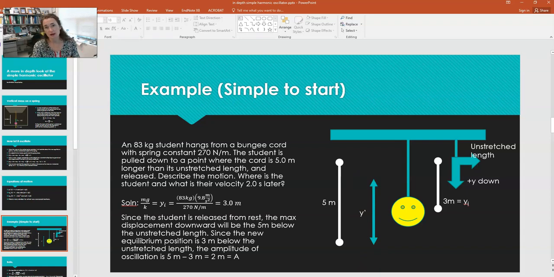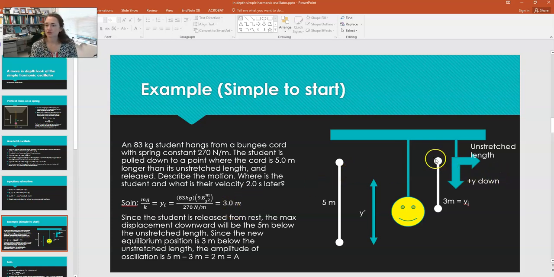So that's how it's going to bob back and forth, right? Now, if we're describing the motion, it would be really good to solve for what the new equilibrium point is for this motion. So step number 1, our yi, which is our new equilibrium point, is equal to mg over k. So that would be 83 kilograms the mass times 9.8 meters per second squared, the acceleration due to gravity, divided by 270 newtons per meter. And when you solve that, you get 3 meters, okay?